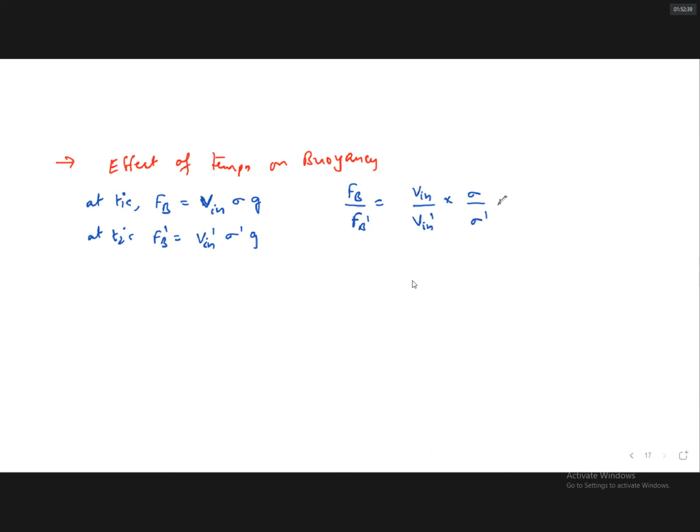Upon simplification, we know that the final volume can be written as initial volume into 1 plus gamma delta T.